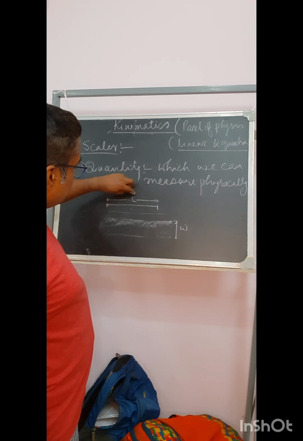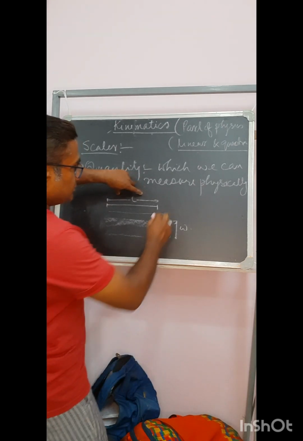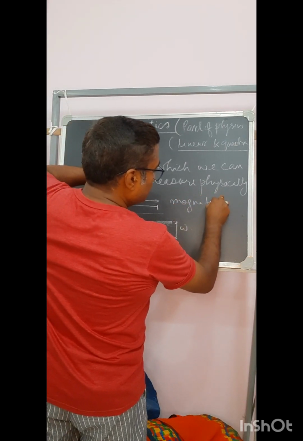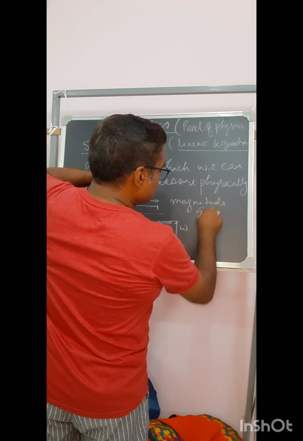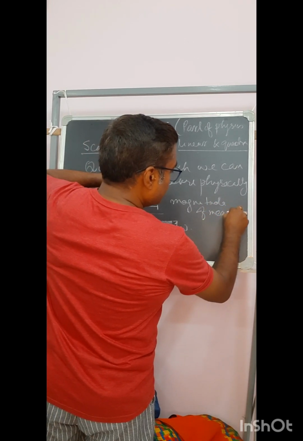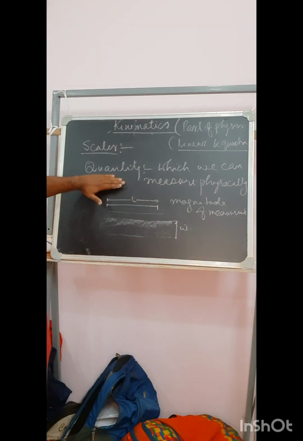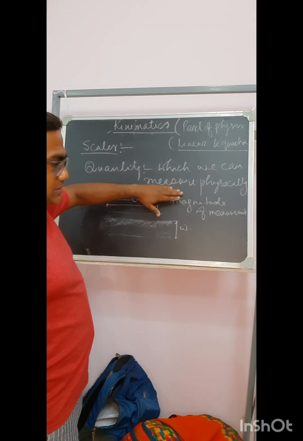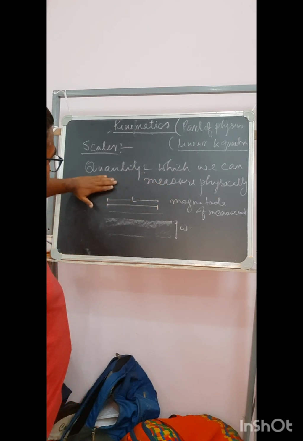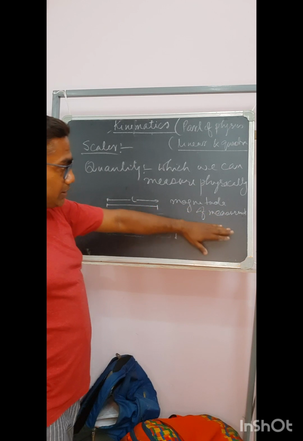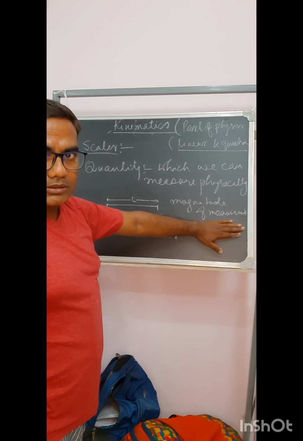So quantity is basically the magnitude of measurement. The quantity is that which is measurable, and the measure is the magnitude of the measurement.